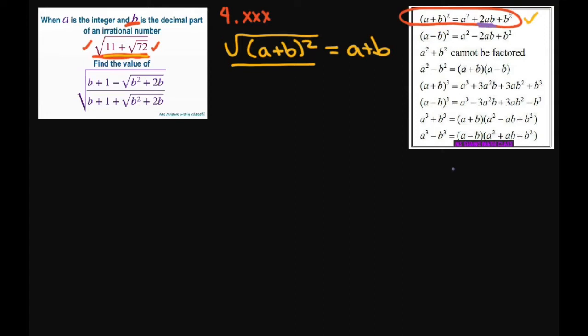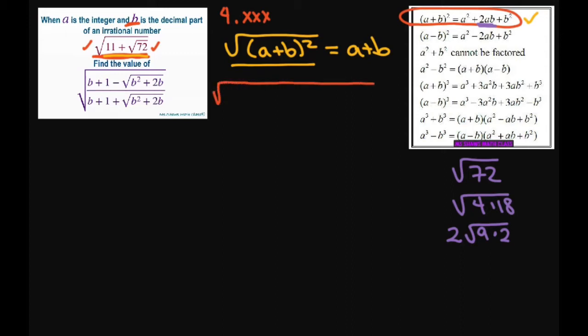If I look at the square root of 72 and I factor it as 4 times 18, I can pull out the 4. Square root of 4 is 2. I'm going to get square root of 18, which is 9 times 2. Now, it's also 6 times 3, but we want to use 9 times 2 because now I can write my radical for 11 as 9 plus 2, and then plus 2 times square root of 9 times square root of 2.